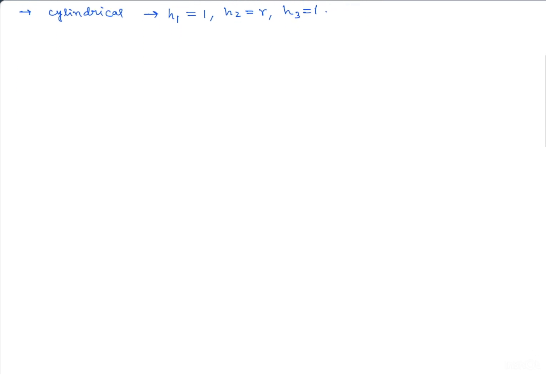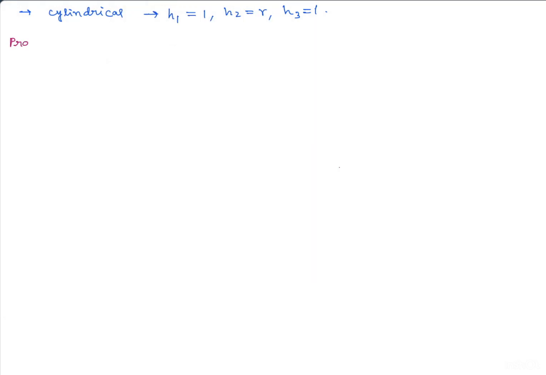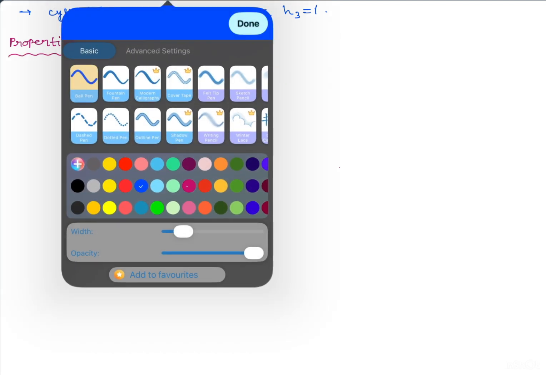Now we see the properties of vectors. First one, A cross (V cross C) equal to V(A dot C) minus C(A dot V).